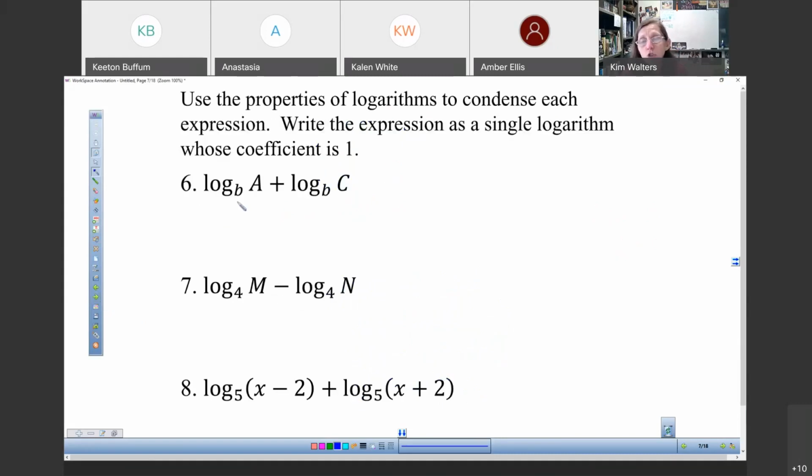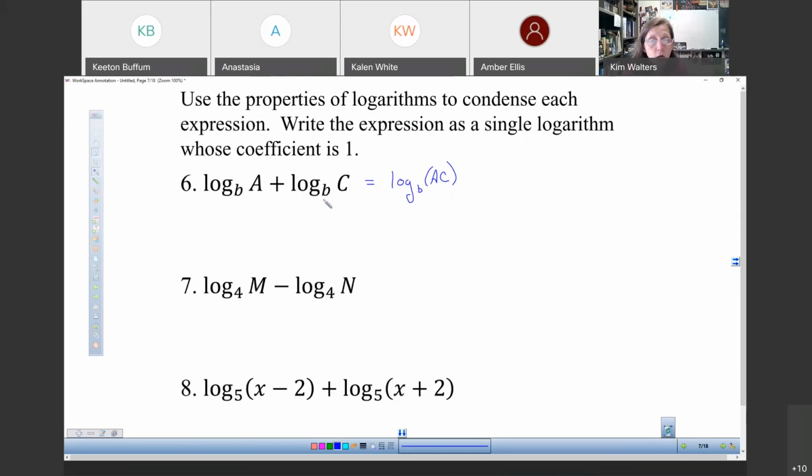So the very first one is super nice, super friendly. It looks exactly like the right-hand side of the page with the properties, except it's got different letters here, okay? So the sum of two logarithms means I can condense this into the logarithm of the product of A and C. And that's it. That's my final answer. I do encourage you to put that in parentheses. If you've got more than a single term there, I would put it in parentheses, okay?